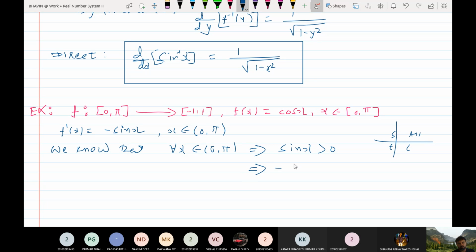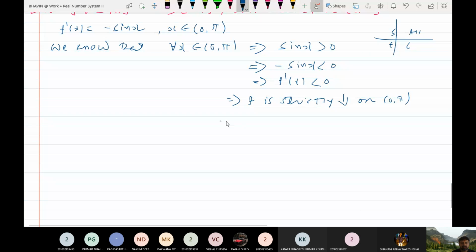So multiplied by minus, this will become negative. Okay. So what can you say about this? F dash x is strictly less than 0. F is strictly decreasing on which domain? 0 to pi. So f is strictly decreasing, therefore you can say that f is 1 1.